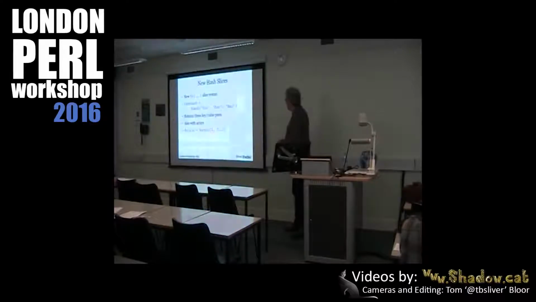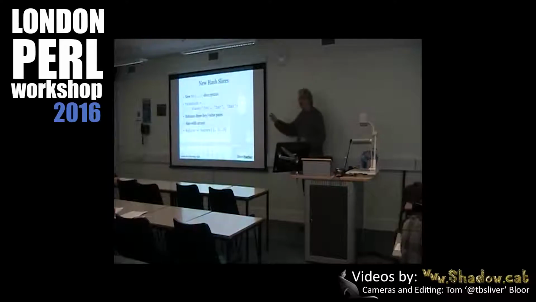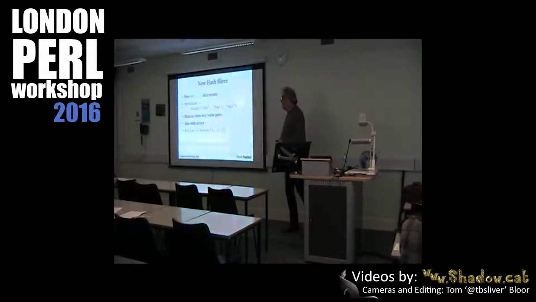So this gives you back those three values, but also paired with the indexes that they are. So you'll get 1, and whatever is at index 1, and 3, and whatever is at index 3, 4, etc. I'm not convinced that that's going to be massively useful to me, but the hash one, I like that.